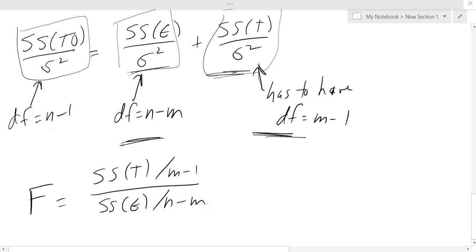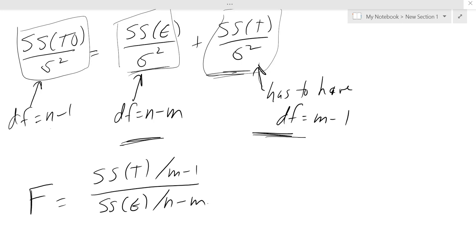Now, the reason why we do it this way is because this one is definitely chi-squared and should have an expected value of sigma squared. This one, as long as all of the means are equal to each other, should be chi-squared and have an expected value of sigma squared as well.